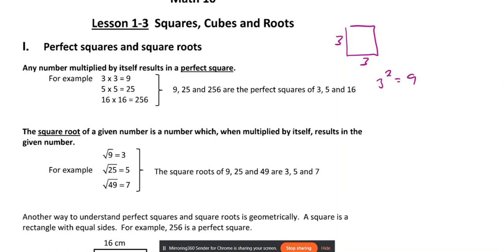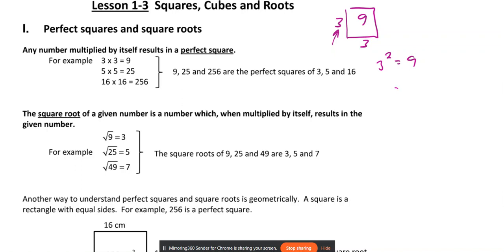Okay, and if I want to go backwards, if I had the area and I wanted to figure out what the side length was, you'd go square root of 9, which is equal to 3. So that's the idea here.